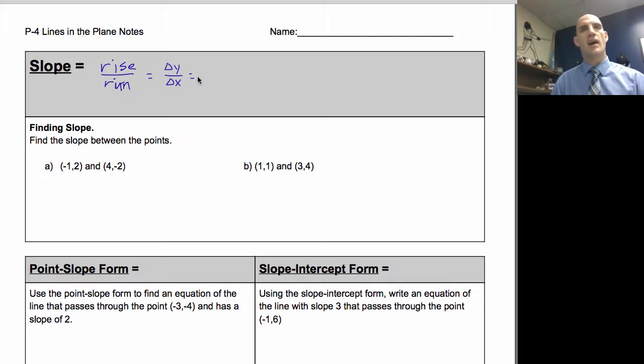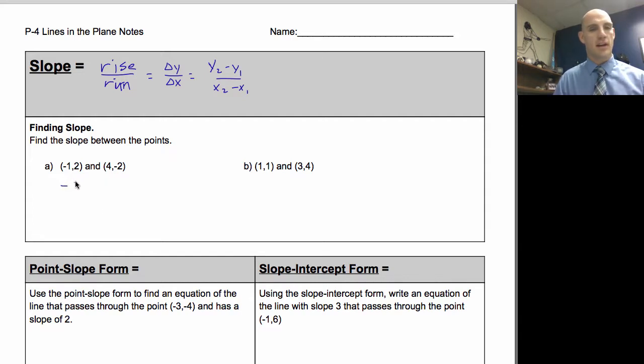As we build on what we did yesterday, essentially it's the amount of change of y, so y2 minus y1 over x2 minus x1. That's our slope, our change in our rise over our change in our run, our delta y over delta x. To find the slope between 2 points, this is simply an algorithm.